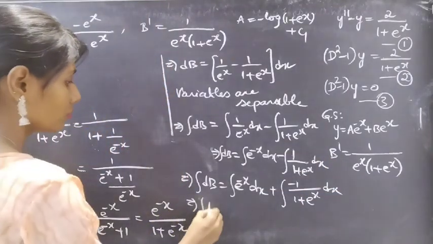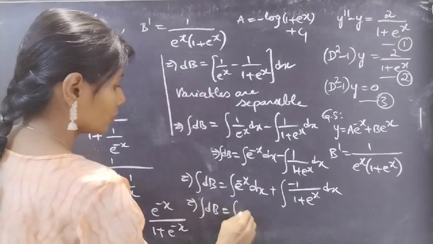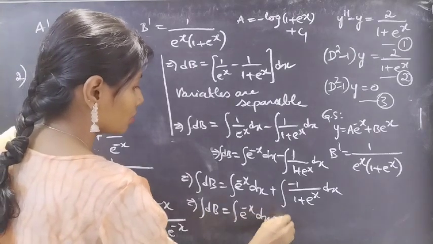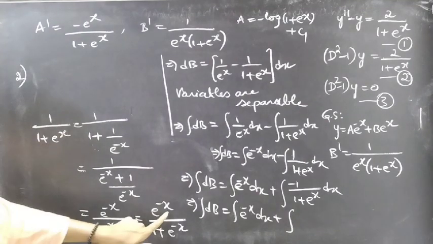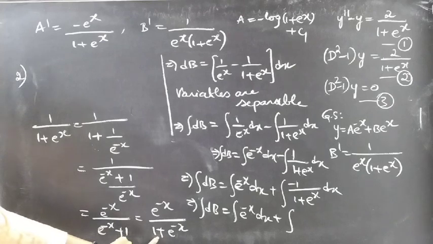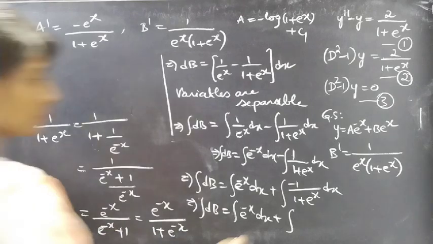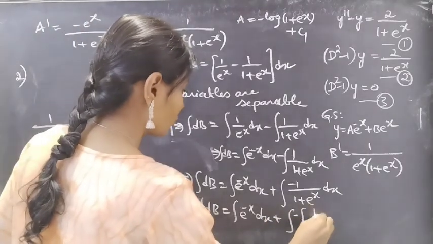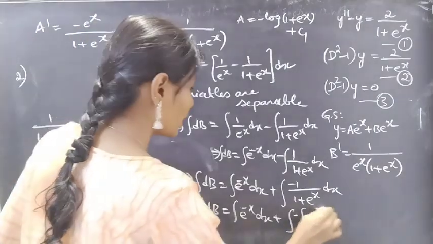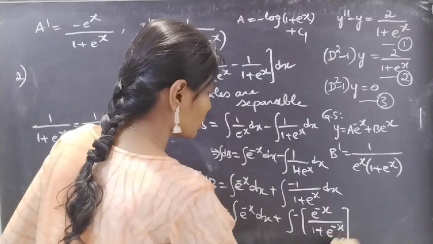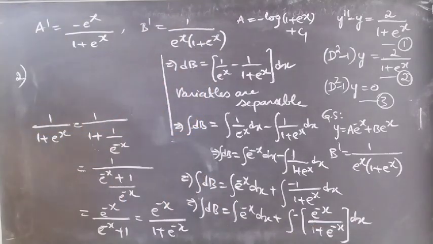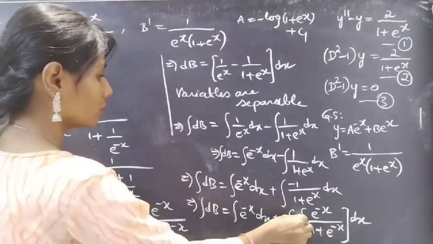Then integral dv equal to integral e power minus x dx plus integral, just replace 1 by 1 plus e power x with e power minus x by 1 plus e power minus x, then we'll get minus of e power minus x by 1 plus e power minus x into dx. Okay, it's minus.